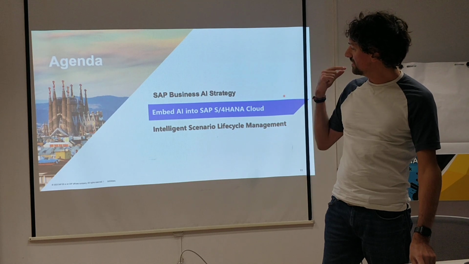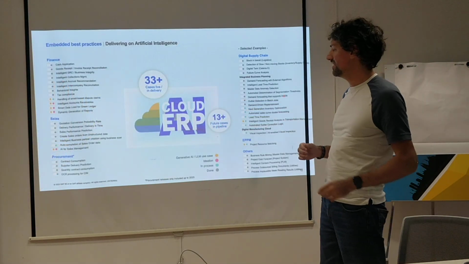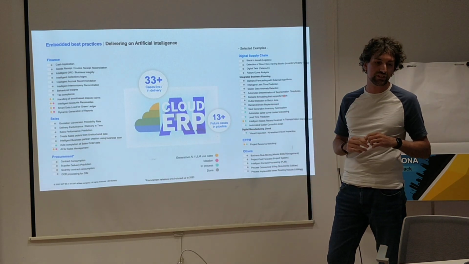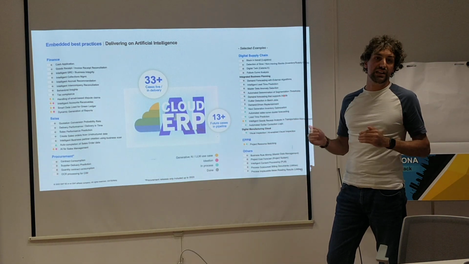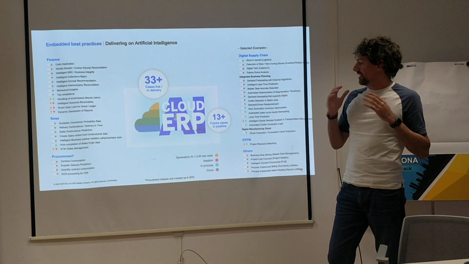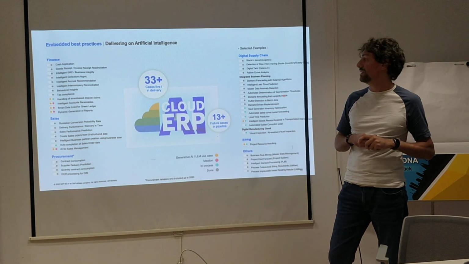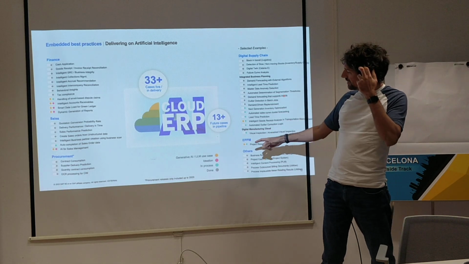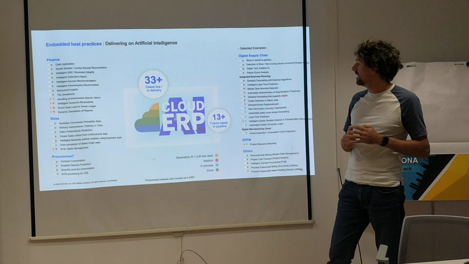Now, that is our strategy overall, but as said, this session is about our Cloud ERP, so S/4HANA Cloud Public and Private, and this is a picture of AI cases, which are either, if they are in gray, already done and available. We will look into a few of them. We are working on some generative AI with large language models as well.